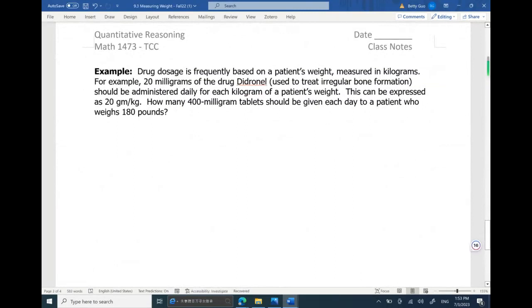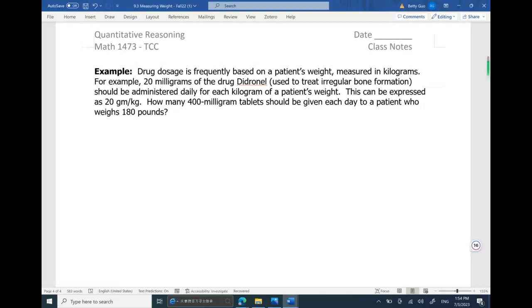Next example. Drug dosage is frequently based on a patient's weight. That makes sense, right? If the patient is a baby or a toddler or an adult, the dosage, of course, is going to be different. Measured in kilograms.